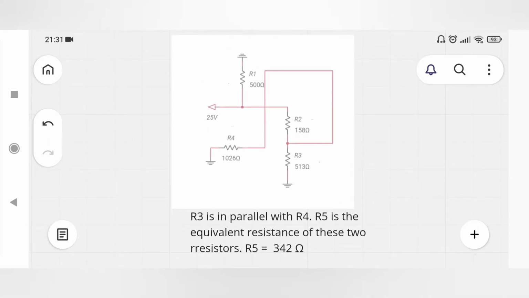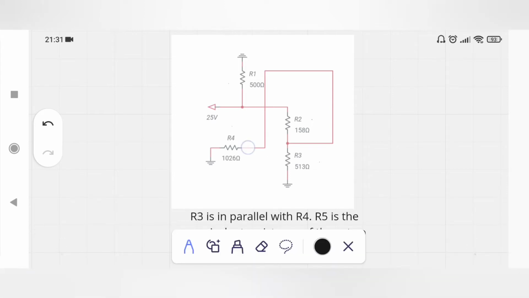This is another circuit. The circuit seems to be difficult, but it is not difficult actually. You can see R4 is connected to R2 like this, and R3 like this.